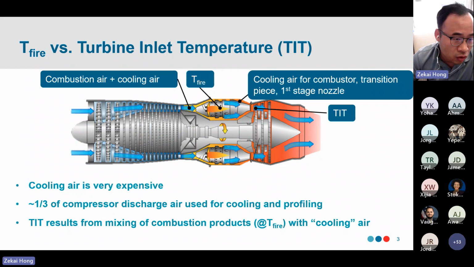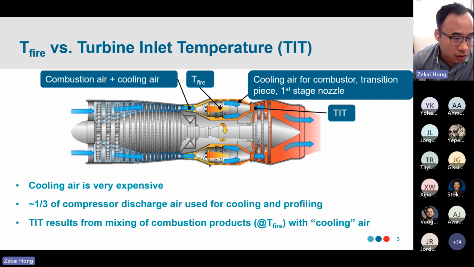And T5 is not exactly the same as the TIT, because the combustion products need to mix with cooling air, and then become the bulk of the gas that drives the turbines. So TIT is something between the T-flame and the cooling air.